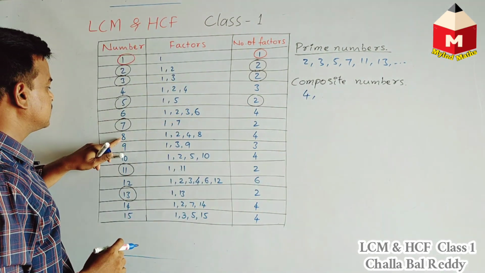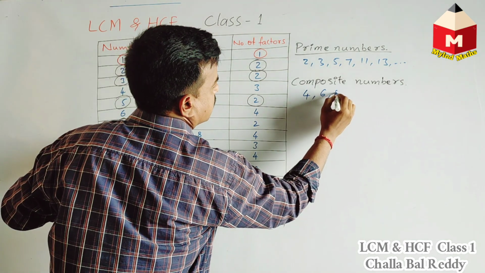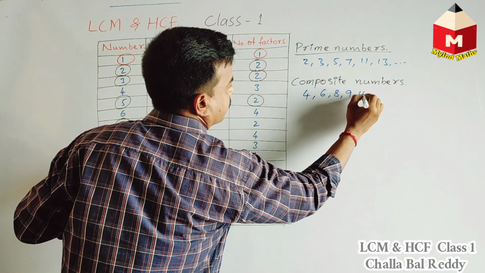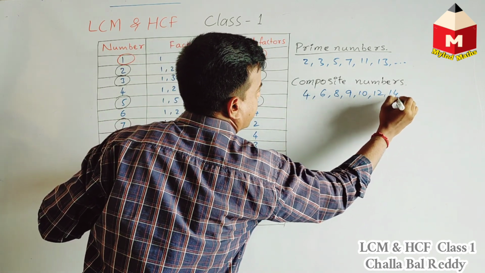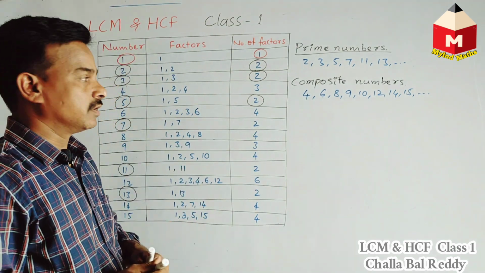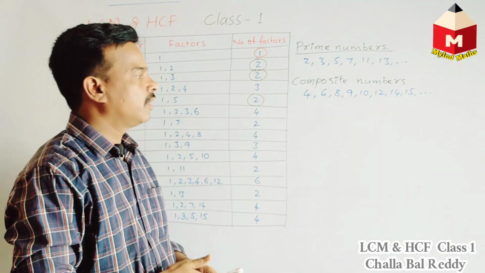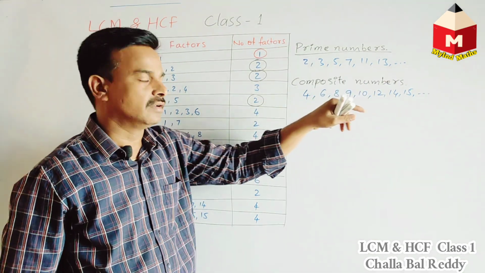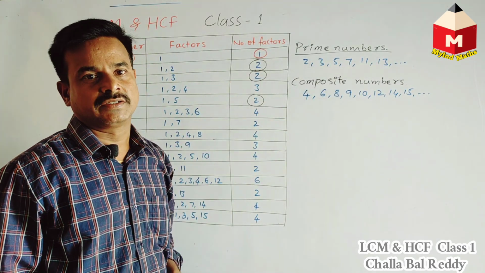Next 6, 8, 9, 10, 12, 14, 15, and so on are the composite numbers. Why are these composite numbers? Because all these numbers have more than two factors.